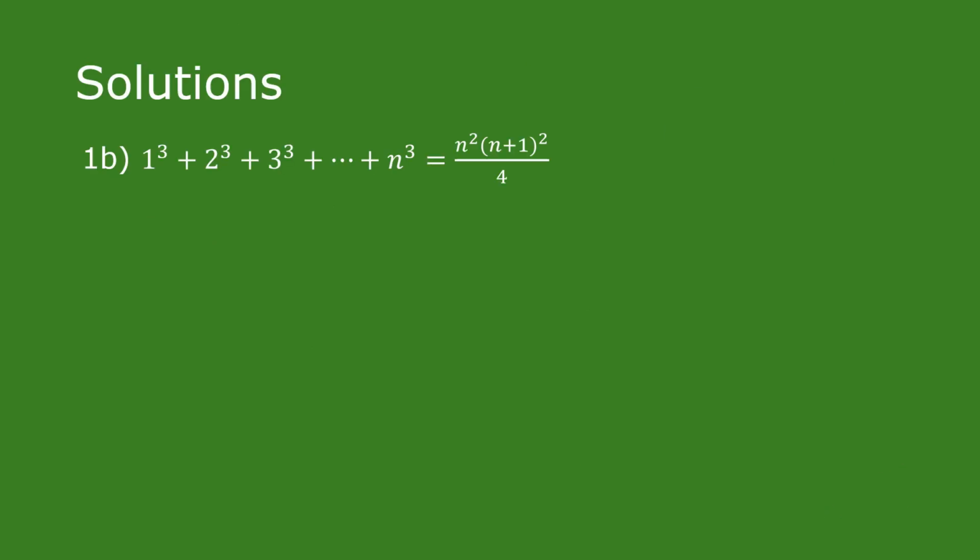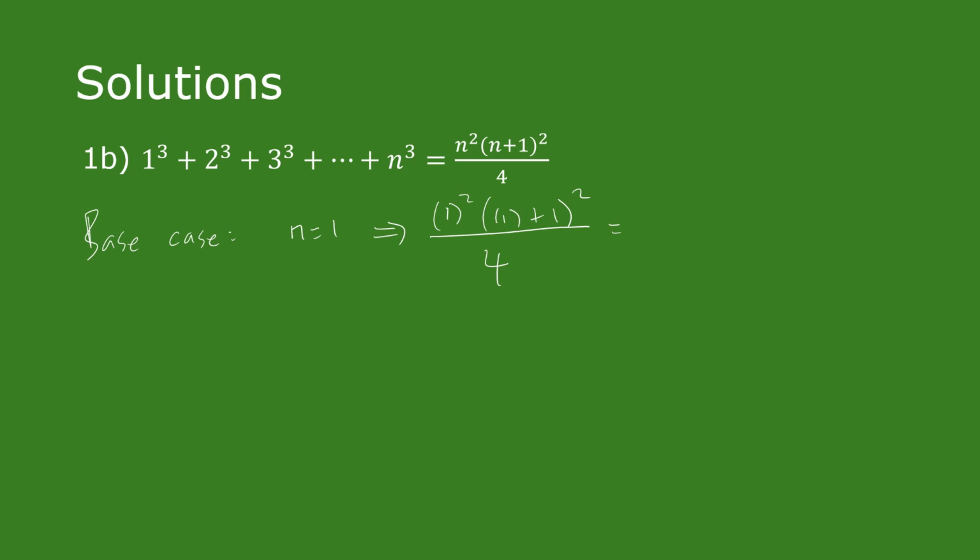Now moving on to question 1b. Here let's look at the base case again. So base case, n is equal to 1. So let's see what we get. We get 1 squared times 1 plus 1 all squared all over 4.